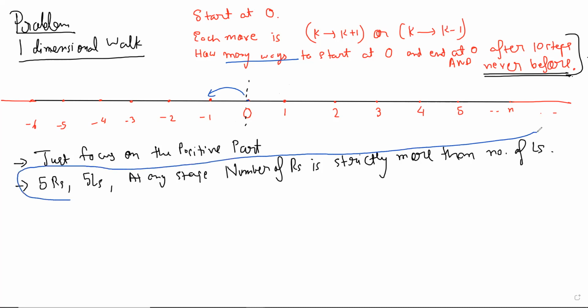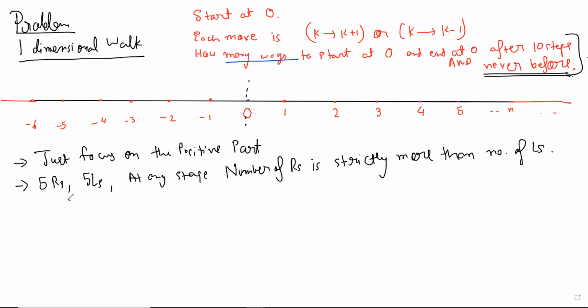Does everybody understand this? That in every stage, you should have strictly more R's than L's. This is the condition you need, and if you meet this condition, then you're good. This is just a rephrasing, right? It's nothing new.